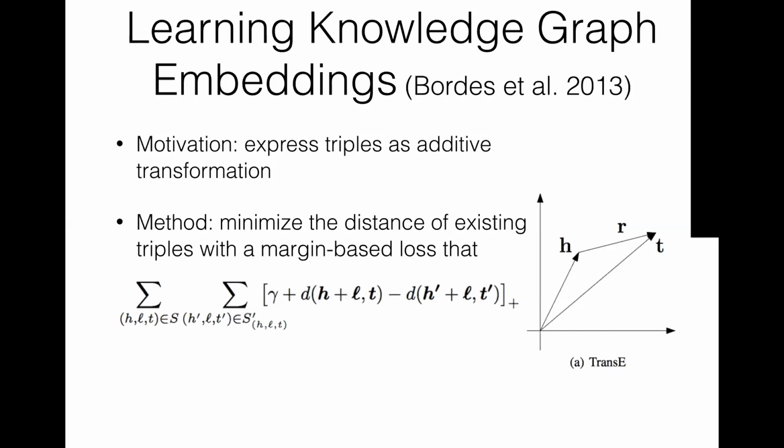So that comes to this margin-based loss, where you want to minimize the distance of the correct triples, but maximize it for the incorrect triples that you sample. Such a simple method is pretty effective. It's being used even until now, depending on the use cases.